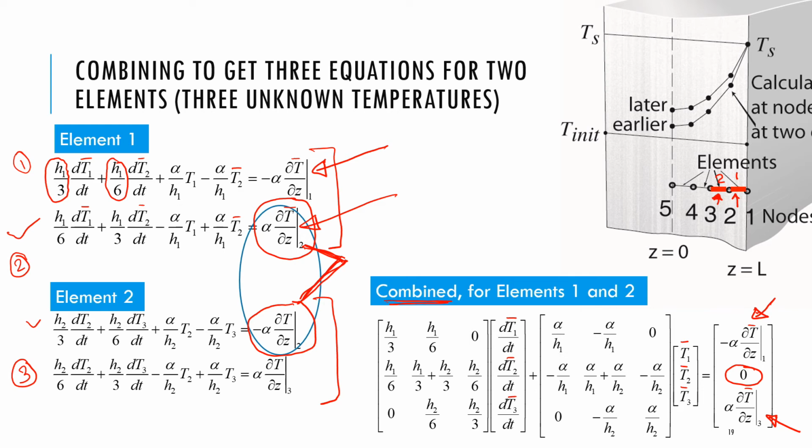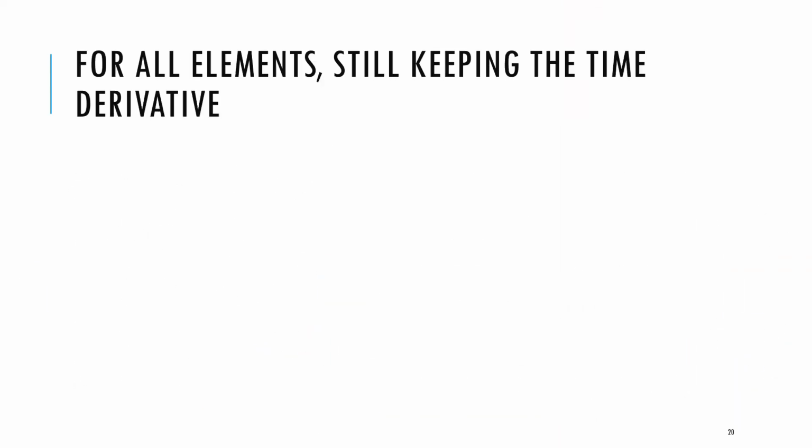Otherwise, for element 3, when we write the two equations, the first one would cancel out with this one. So all the middle ones will cancel out and we have the very last one.